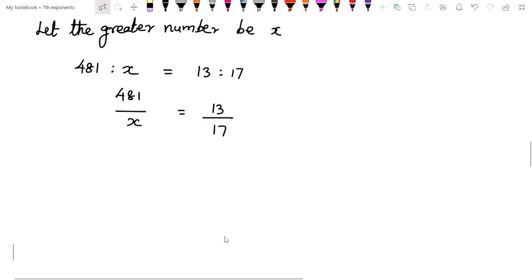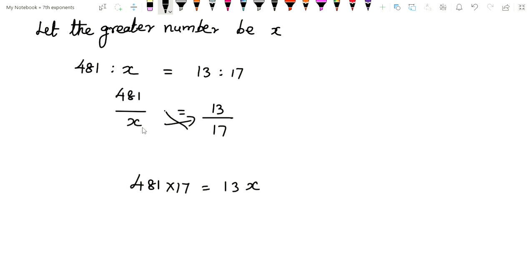Now cross multiply. 481 into 70 equals 13x. Just cross multiply this. Now we need to find out x alone. So 481 into 70 divided by 13.